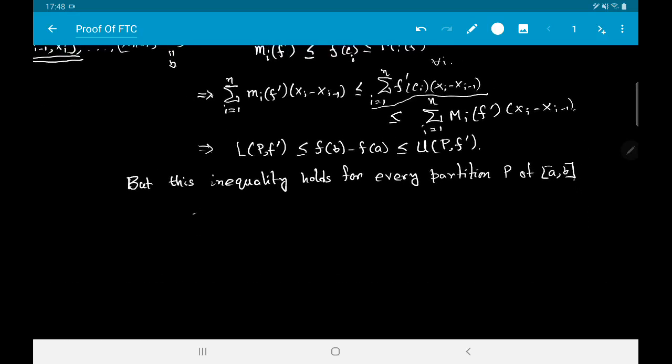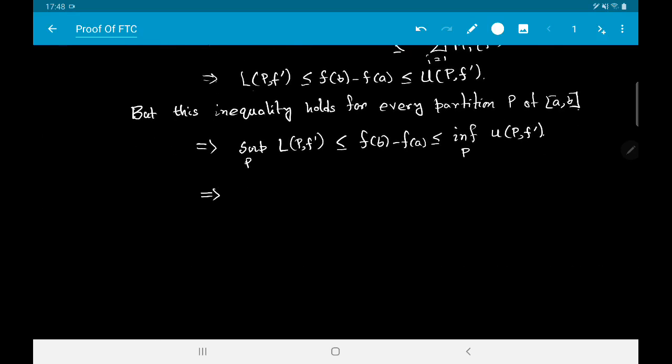So by taking supremum here, we will see, let me write down the step one last time for you: L(P, f prime), where the supremum is taken over the set of all partitions P of [a, b], is less than or equal to f(b) − f(a), which is less than or equal to, here I can take infimum, since this is a lower bound of all the U(P, f prime), and we can take the infimum over the set of all partitions of the closed interval [a, b]; this inequality also holds.